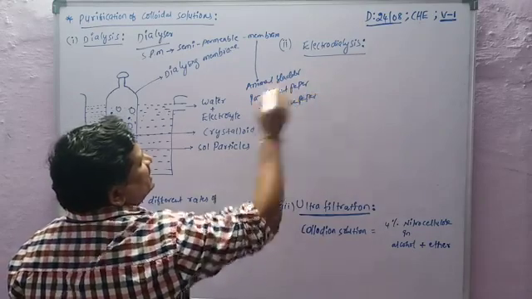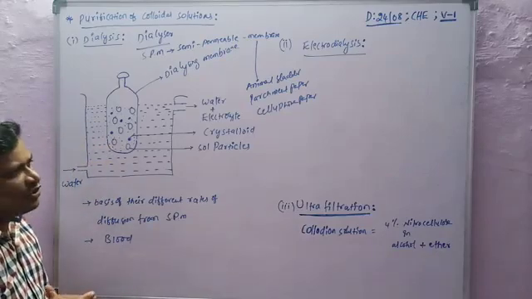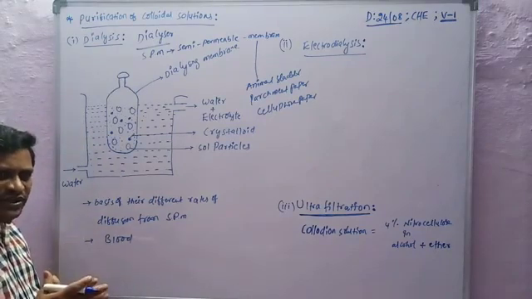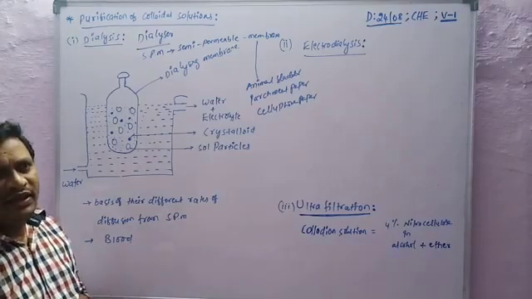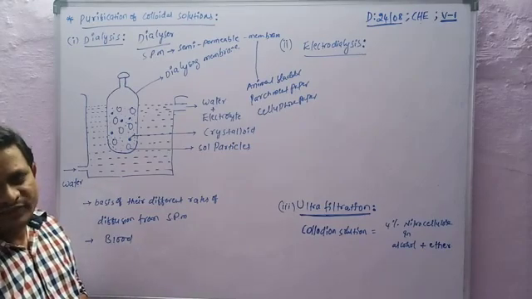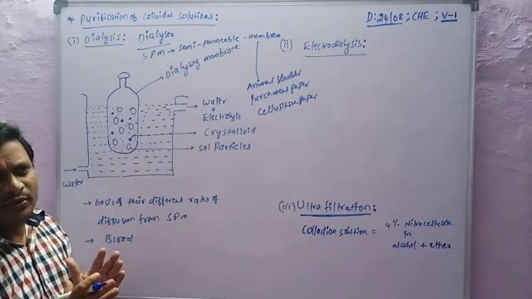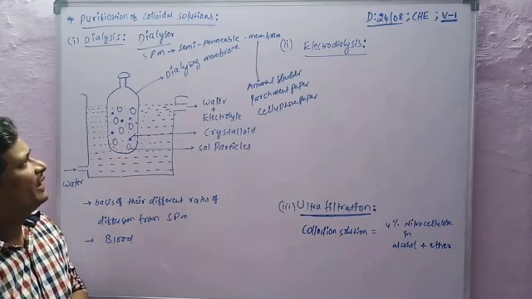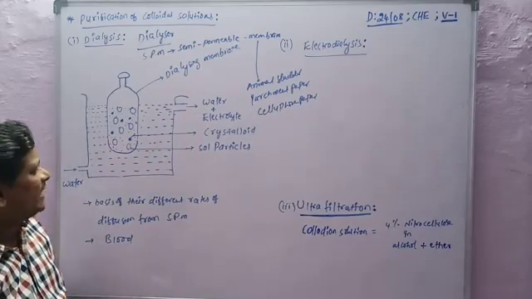These act as semi-permeable membrane. What is the characteristic property of the semi-permeable membrane? It allows only small size particles, or only solvent particles. So small size particles or solvent particles pass through the SPM. These are simply considered as a dialyzing membrane.